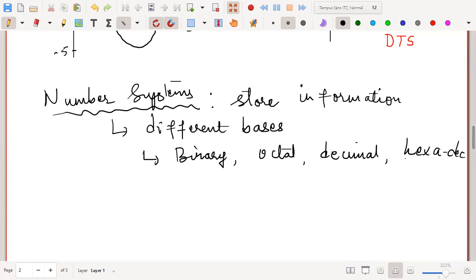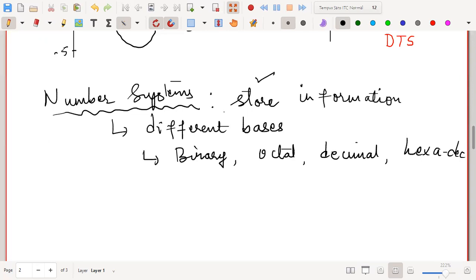I'm just writing in short. As I mentioned, they are used to store information in digital electronics, and this is the significance of the number system. That is why we need to study the number system first and foremost when we begin any course in digital electronics.